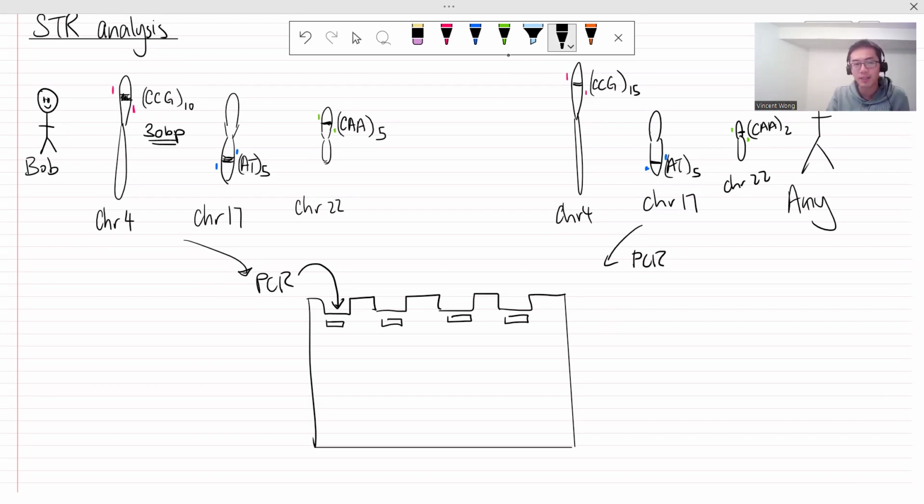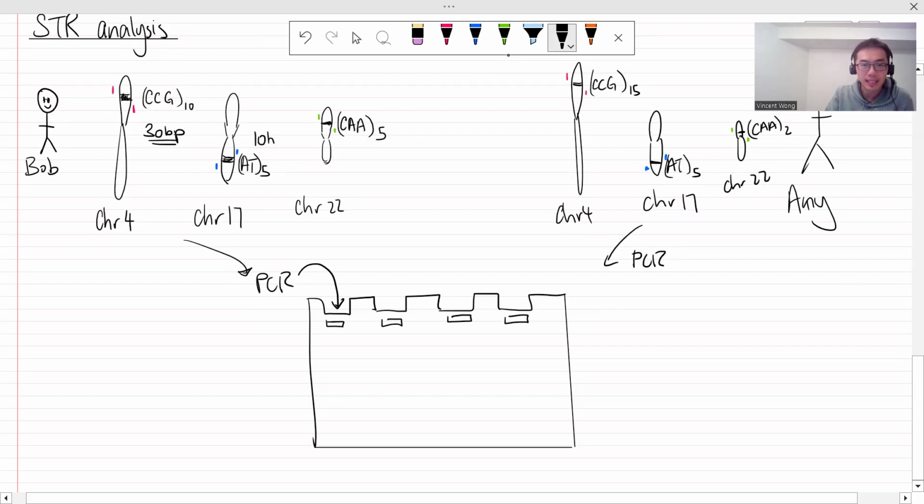AT repeated 5 times. How many base pairs? It's 2 times 5, that's 10, because you're only repeating AT. And how about this one? CAA repeated 5 times. 15 base pairs. That's right.